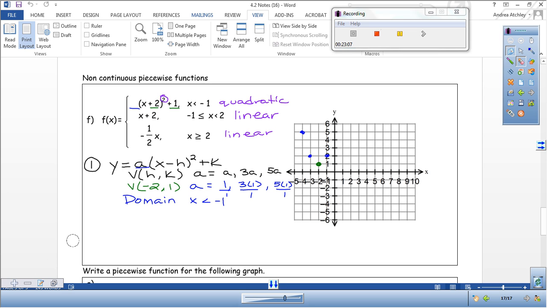We then worry about, can this equal negative 1? Is negative 1 less than negative 1? No. So it cannot equal negative 1. It's going to get close to negative 1. So that's when we have to use our open circle.